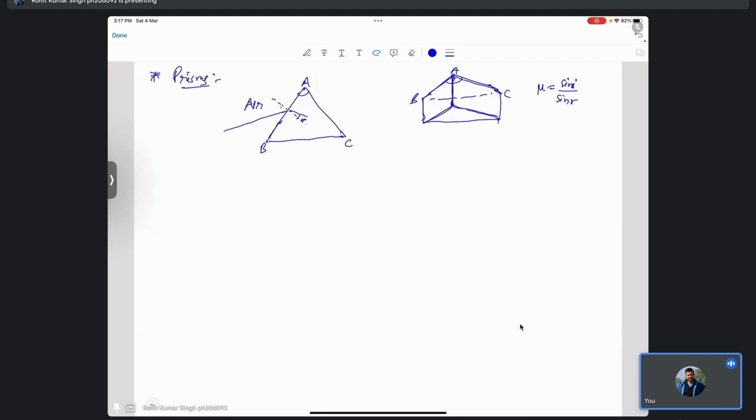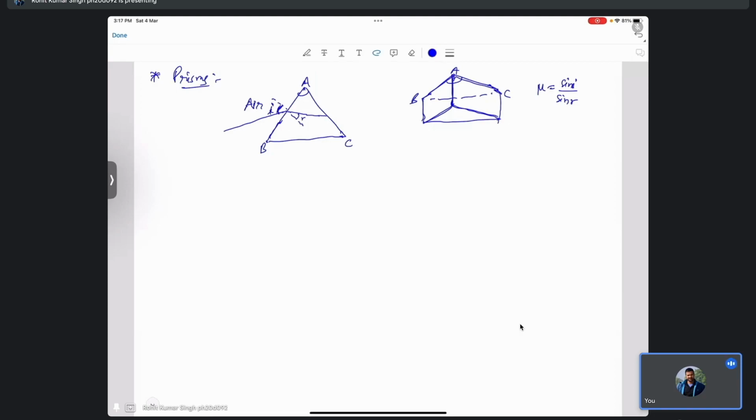This is r and this is i. Maybe I have bent it too much. So this is the normal. It will bend like this, okay? This is the r angle, this is the i angle. Then it will continue like this.